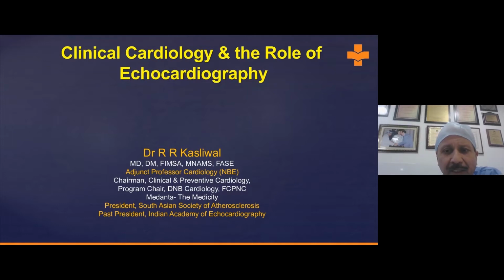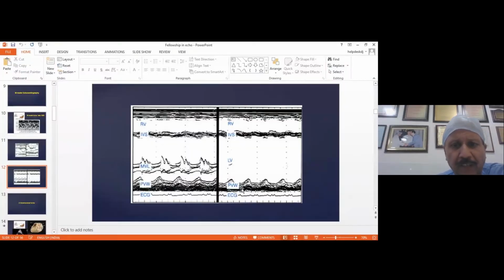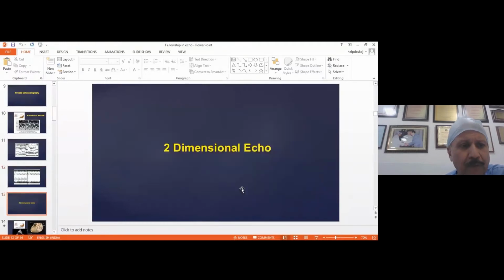They were unable to see the posterior leaflet at that point, but even with this, they could diagnose thickening, and they said that maybe this is a hallmark of rheumatic heart disease, which was pretty prevalent all over the world at that time. So this is how M-mode echocardiography developed, and I was even at that time convinced that this technique will go a long way because it was something.